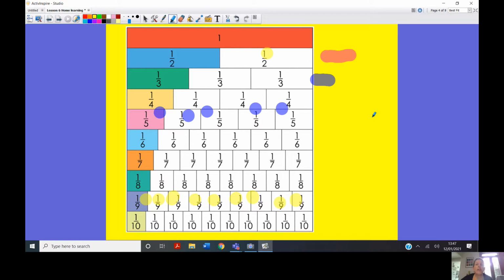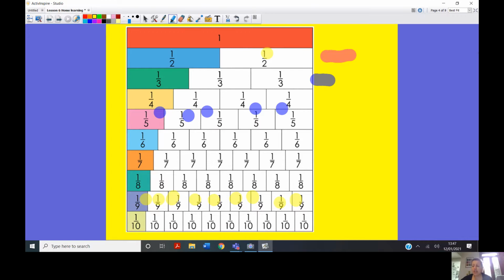That is because we're finding a fraction of 1. 1 is our whole, and we are splitting our whole 1 between more and more parts. So more and more people need to share, or more and more groups that we need to share between.